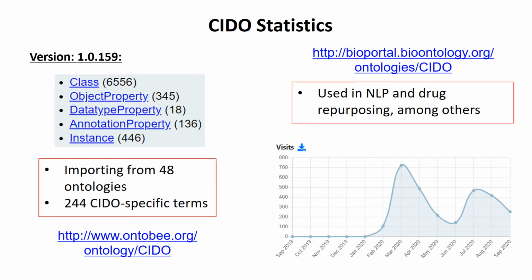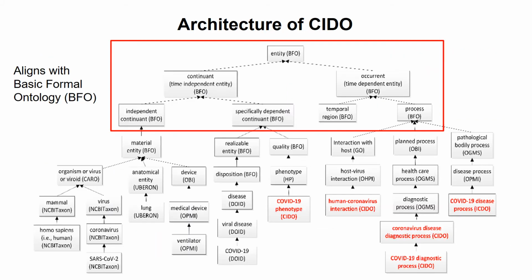We put all together in a very nice semantic way, and it has been deposited into different repositories like OntoBee, BioPortal, and AberOWL. It has also been used in many different cases, and it is currently classified as an open ontology as well.